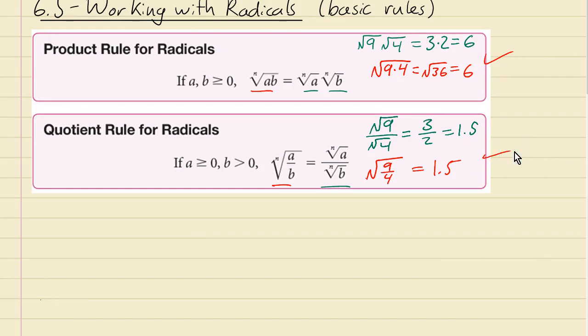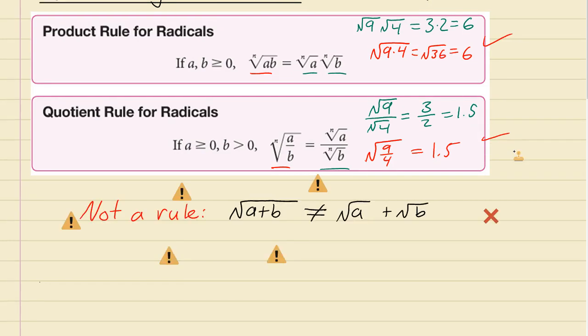Okay, so those are a couple of rules. There's also an important thing that is not a rule. The square root of a sum, a plus b, you can't split that into the sum of two other things. So this is not a rule, and you can just check it with 9 and 4 again. The square root of 9 plus the square root of 4 is 3 plus 2, also known as 5.